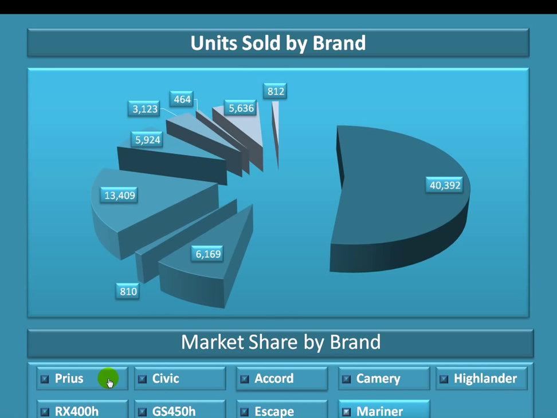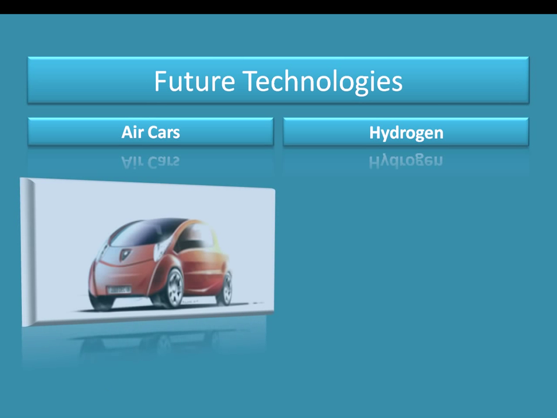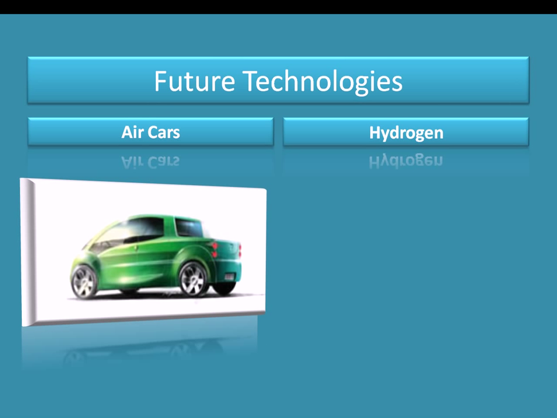Now all of that's kind of interesting. Let me move on. I'm going to say that we're on this slide. We want to get beyond all the market share slides, and we just want to see the next visible slide in the show, which is this one called Future Technologies. We've used some slides in between.